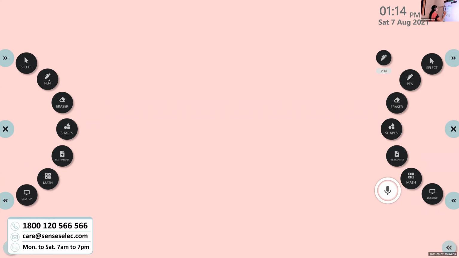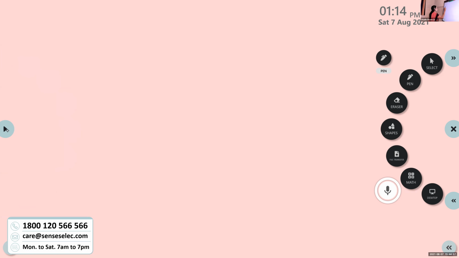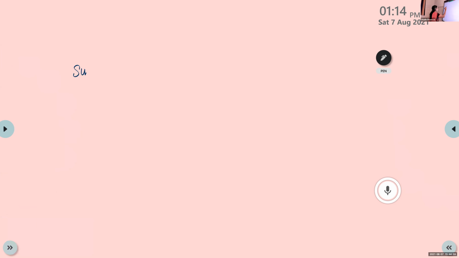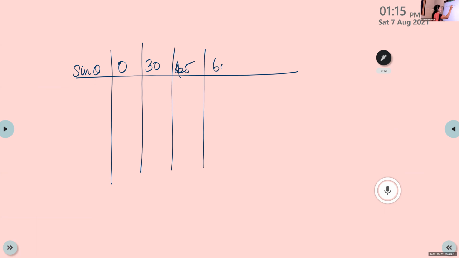Sine theta, for the values 0, 30, 45, 60, and 90. First value we are discussing is about sine.